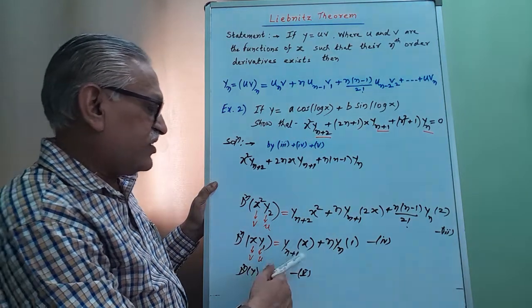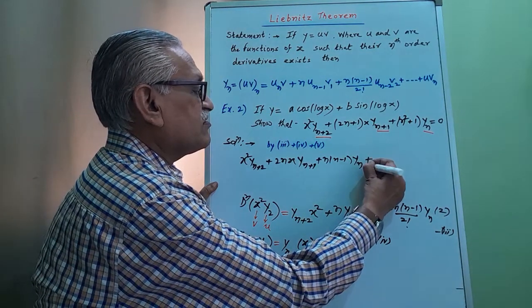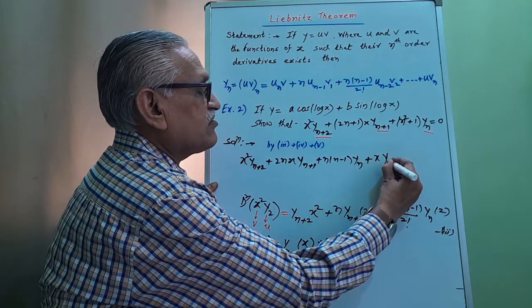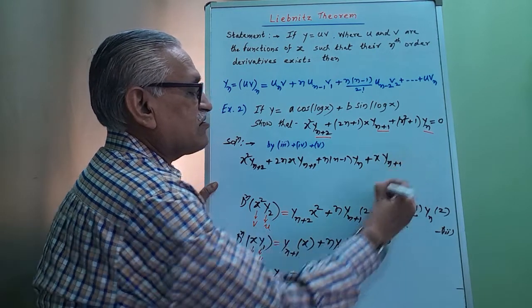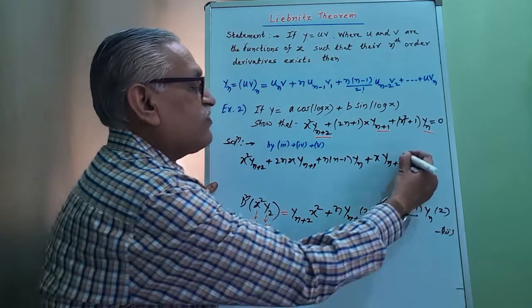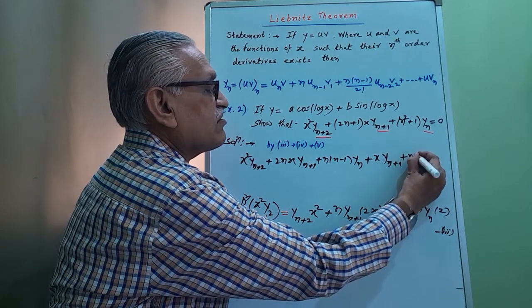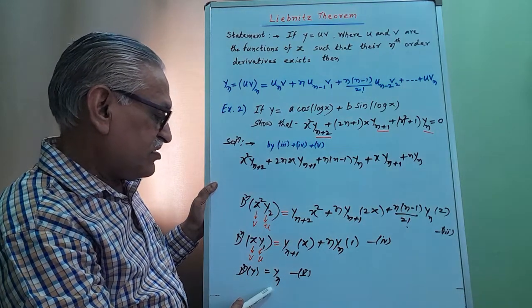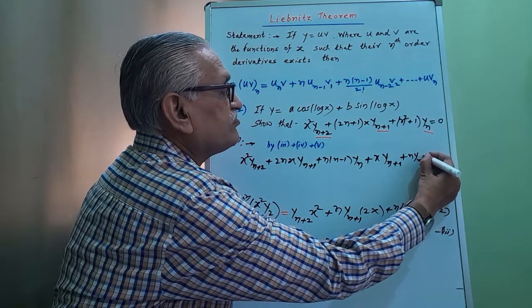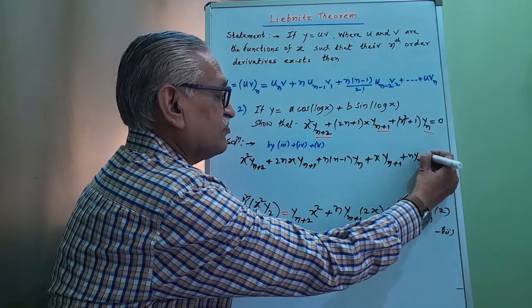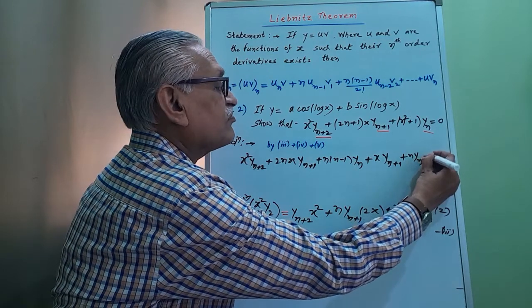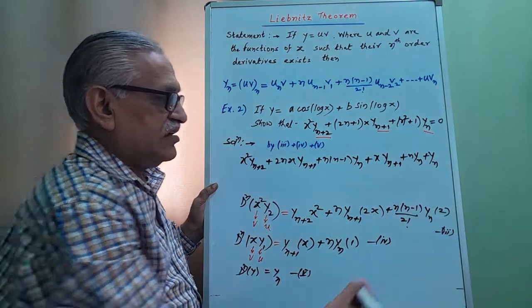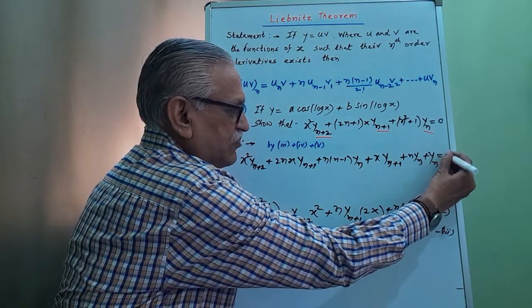Then the next one is plus x into yn plus 1, plus n yn, and plus yn, and the right hand side is 0, therefore equal to 0.